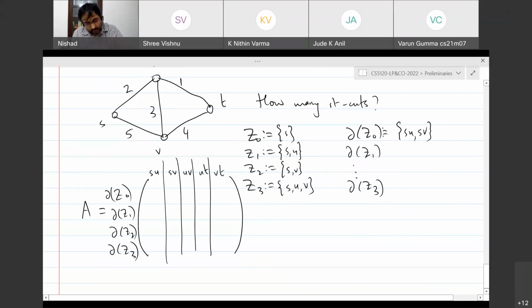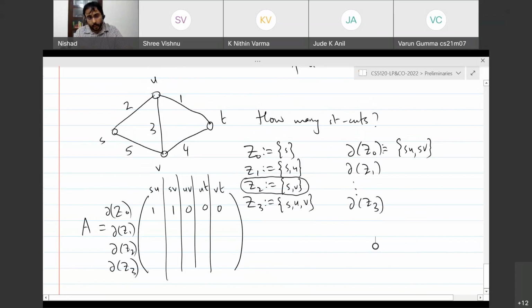And the first cut, partial Z0, contains the edges SU and SV. So I'm going to put a 1 there, and a 0 everywhere else. If you look at the partial of Z2, that is all the edges leaving SV and going into UT, let's just write it down.